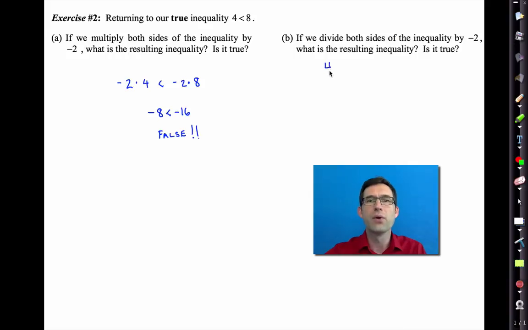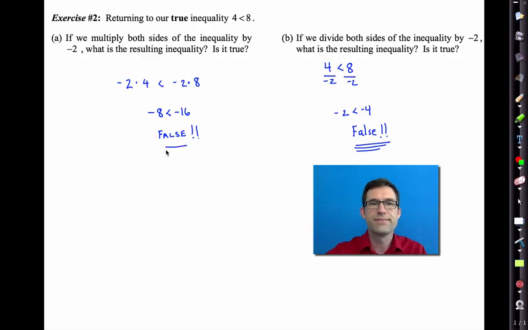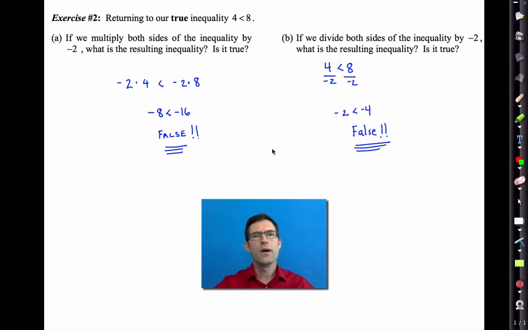What if we divide both sides by -2? Then we get -2 is less than -4. Now that's also false. Wow, that stinks. You know, when we added or subtracted from both sides, we were fine.